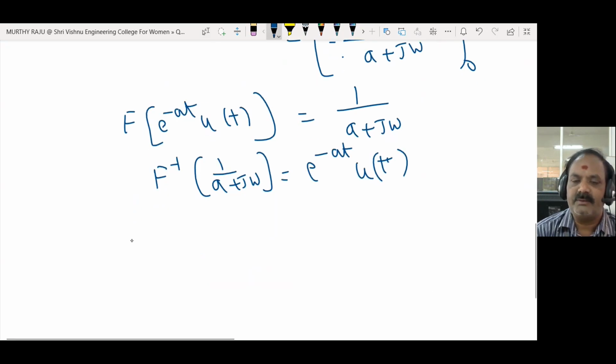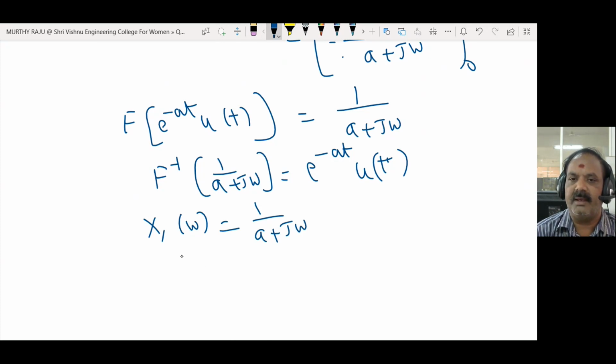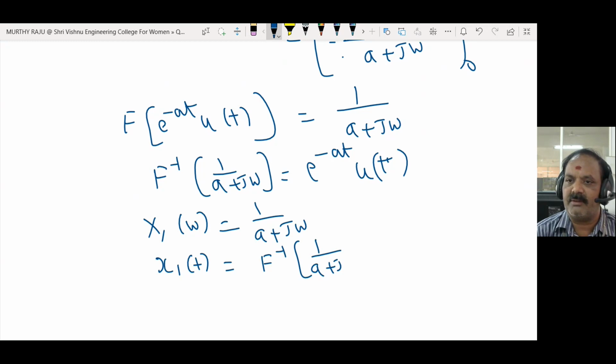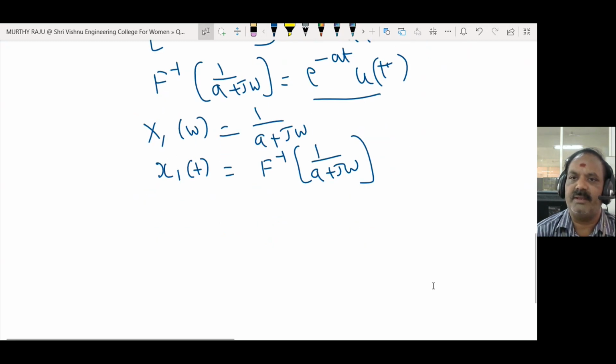By using this, we know that X1 of omega is equal to 1 by a plus j omega. For x1 of t, the time domain form is F inverse of 1 by a plus j omega, which is e power minus at u of t.